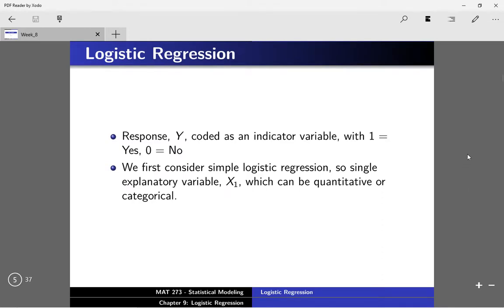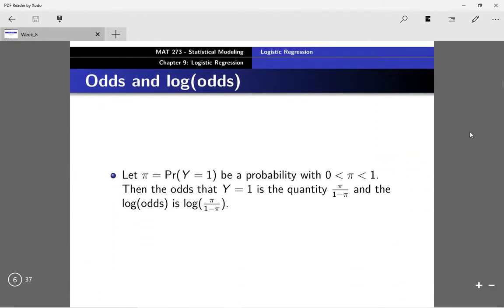And again, this predictor can be quantitative or categorical. Specifically, we're going to be modeling the probability that y, our response, equals 1. Typically, we denote this with pi, the Greek letter for p, representing the true probability of success, the probability that y equals 1.